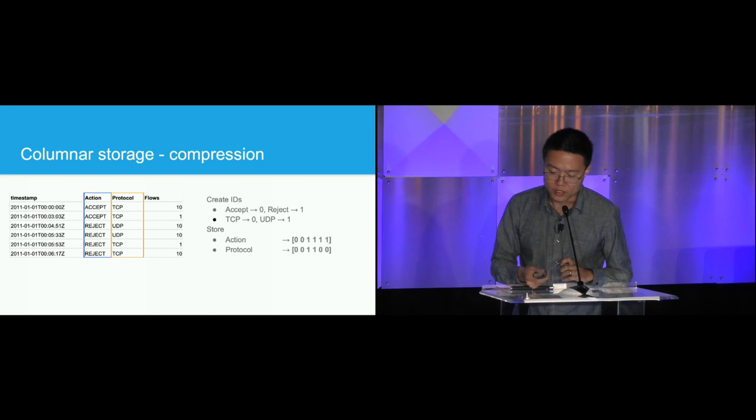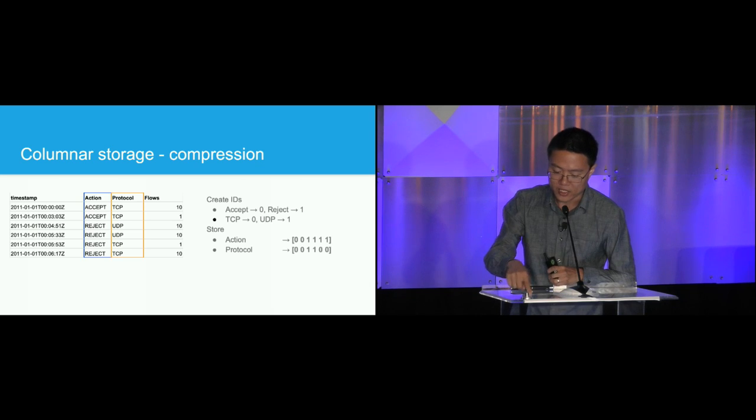So in this case, this is an example of something called dictionary coding. The idea is in our flow data, we might have an action dimension and a protocol dimension, and we might have two values for action, accept or reject. And as opposed to storing these variable length strings directly, we can actually assign an integer value to each string. So accept gets assigned to a value of 0, reject gets assigned to a value of 1.